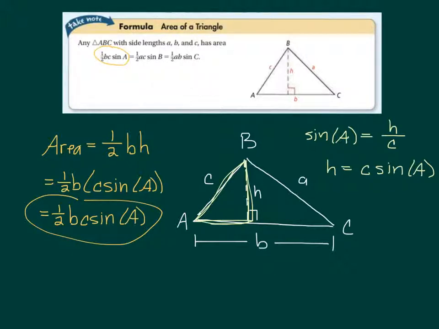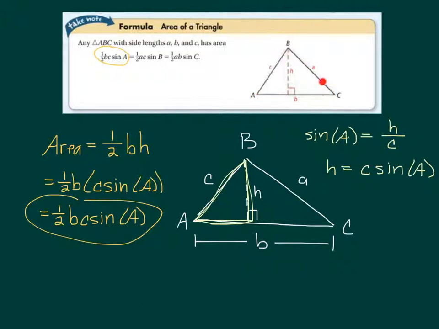So the basic idea here is you can use any two sides you want, B and C, A and C, or A and B. But whichever two sides you're using, it's going to be 1/2 times the product of those side lengths times the sine of the included angle. What I mean by included angle: if I use sides A and B, I'm using these two sides right here.